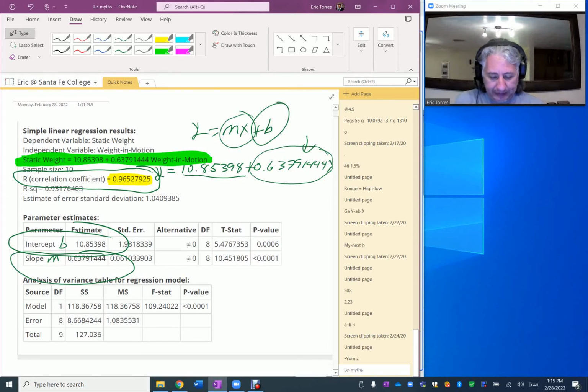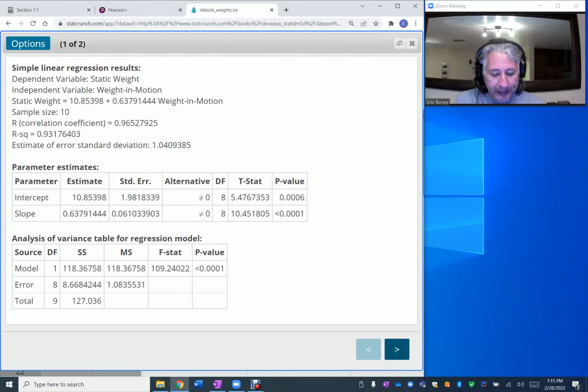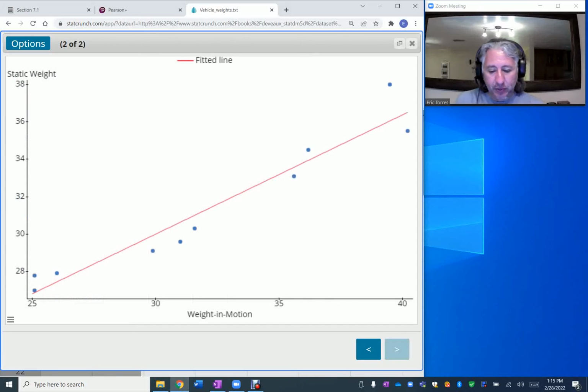Now let's go back to StatCrunch. We're going to hit page 2, and this is going to show us the actual best fit line. And again, I'm going to go ahead and copy and paste that so I can write on this.